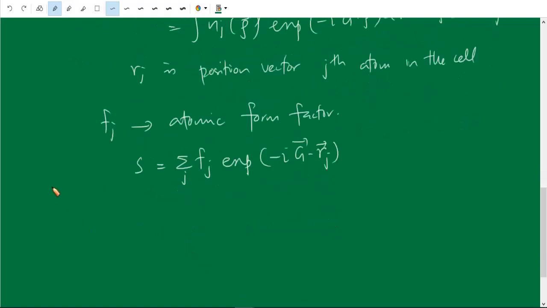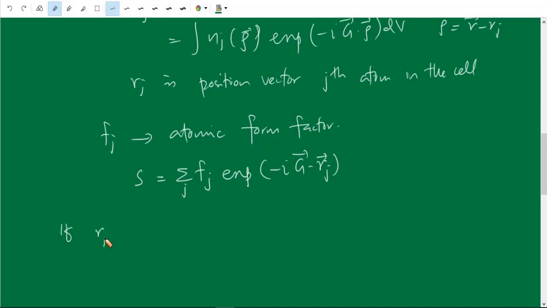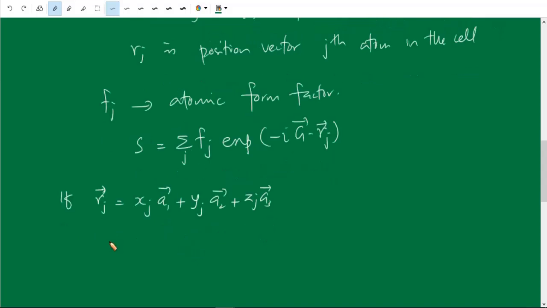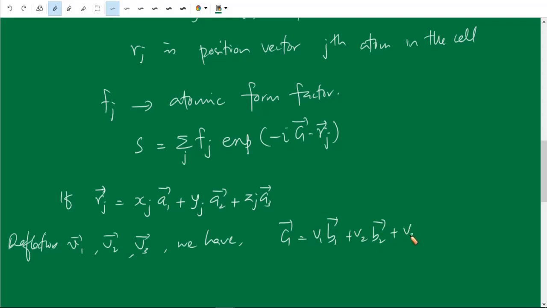Now for the structure factor, if Rj, the position of the atom from the corner of the cell, is equal to xj a1 vector plus yj a2 vector plus zj a3 vector, then for the reflection from the plane of indexes v1, v2, v3, g can be written as v1 b1 vector plus v2 b2 vector plus v3 b3 vector.